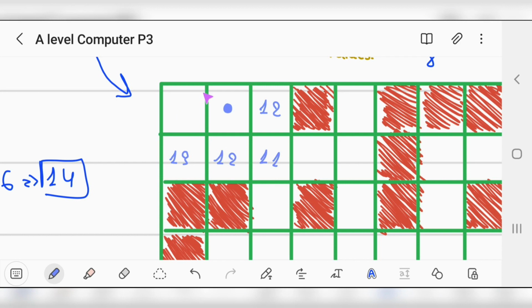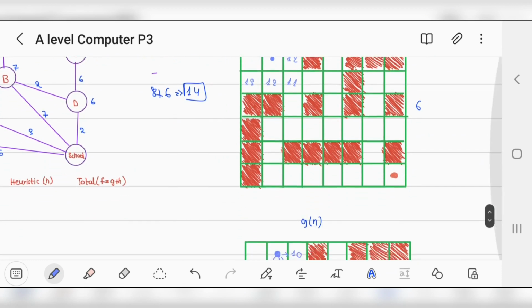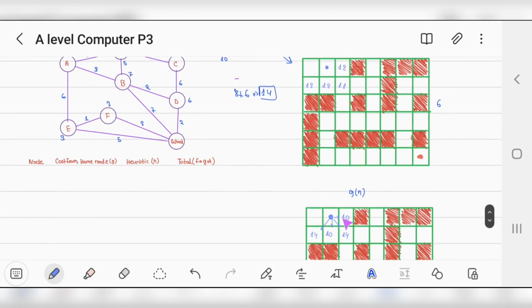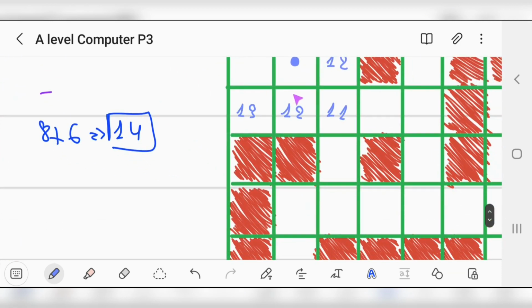Okay, now if I could just see it now. 12 plus 10 is 22, this should be 27, this should be 25, 20 to 22. So I'm going to go down here.